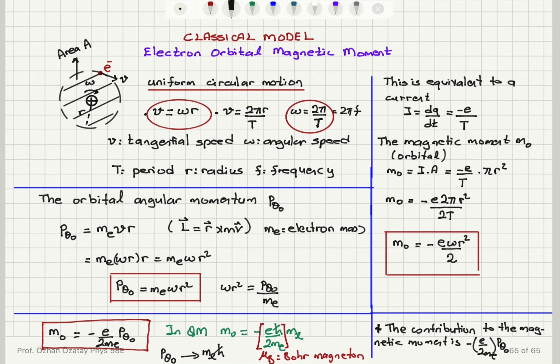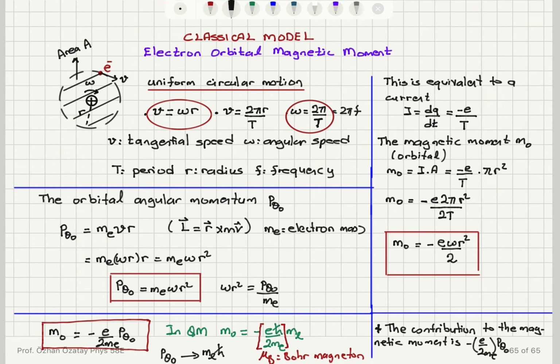And the current that this electron is producing by orbiting around the nucleus is the charge that flows per unit time, minus E divided by the period t. The magnetic moment, using the SI definition, is current times the area, so minus E over t times pi r squared. So substituting omega is equal to 2 pi over t here, we see that the orbital magnetic moment is minus E omega r squared over 2.